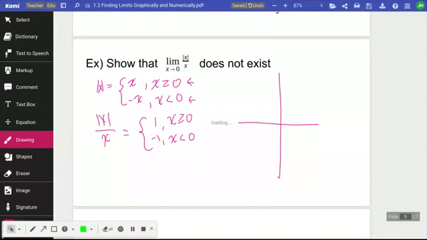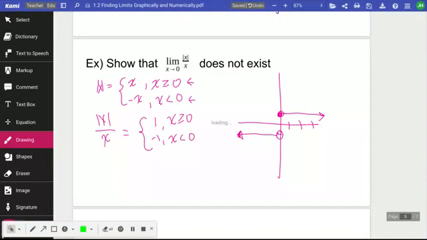When x is greater than, so this direction, I get an output of 1, and it's equal to. So at 1, it's 1, and it continues to be 1 everywhere positive. But here, it's not equal to, so I use an open circle. To the left, it's -1. And so we have this piecewise function here.